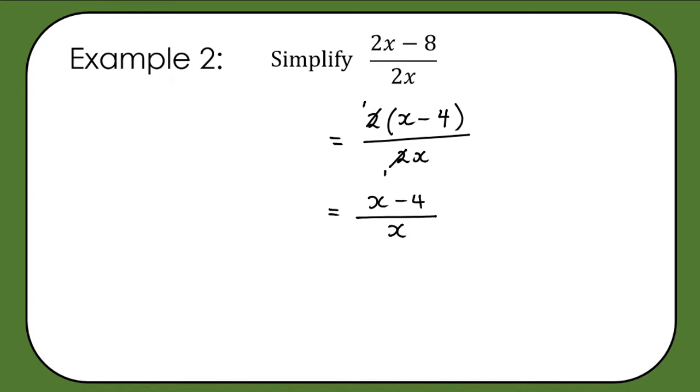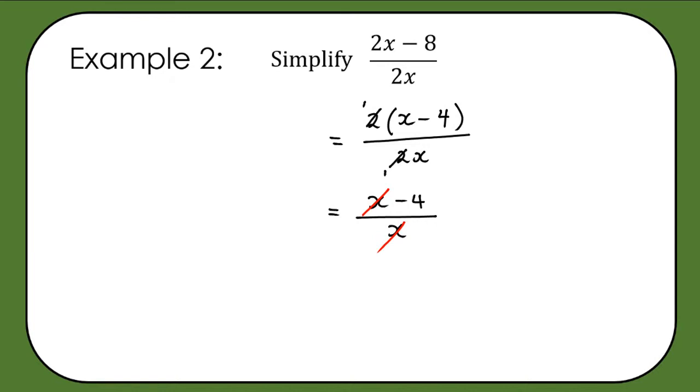Now, you may have been very tempted way back at the beginning, or you might be very tempted right now to go, oh look, there's an x on the numerator and denominator, let's do that. And this is where I want you to think about, what are you doing when you're cancelling? So what you need to be able to do is say, I'm dividing the numerator by x. Now that's not what you've done by crossing out that x there.